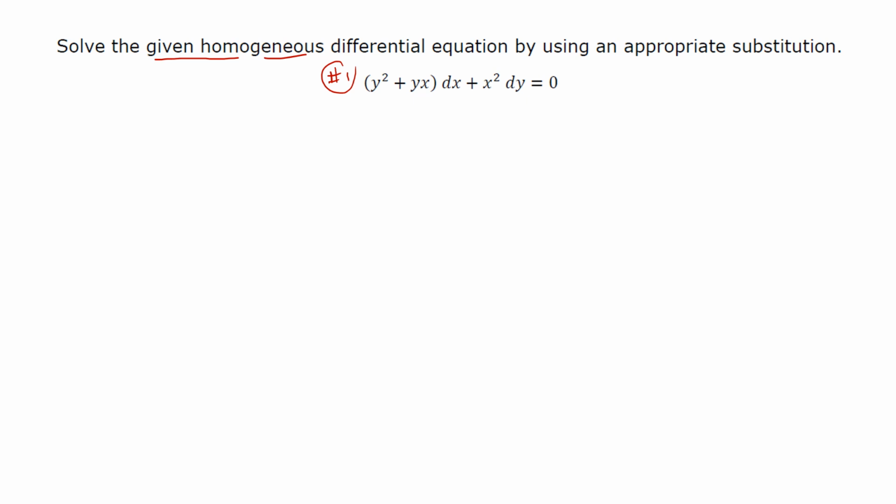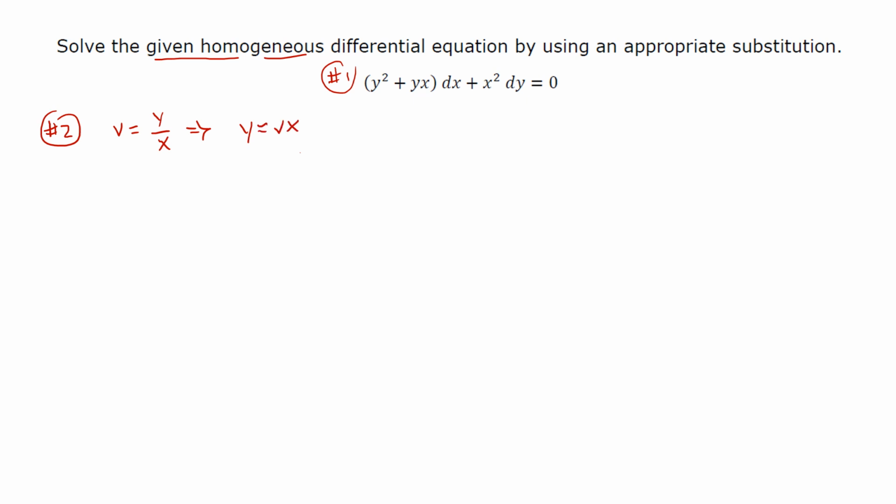Step number 2, we're going to use the substitution y equals v times x and rewrite dy/dx using v and x. Okay, so for step number 2, we are going to take v equals y over x, which means y equals vx.